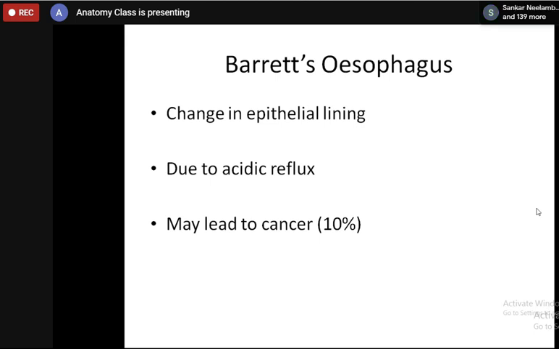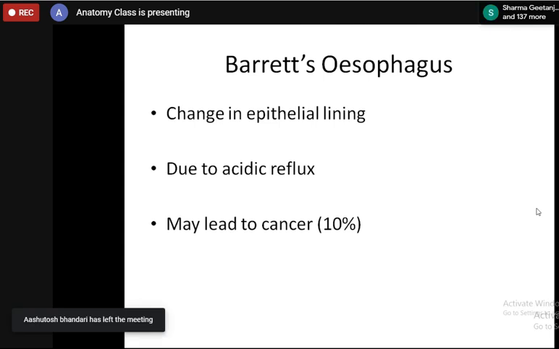Keratinized would be skin, non-keratinized would be esophagus. Okay, so esophagus lining epithelium is non-keratinized stratified squamous epithelium.